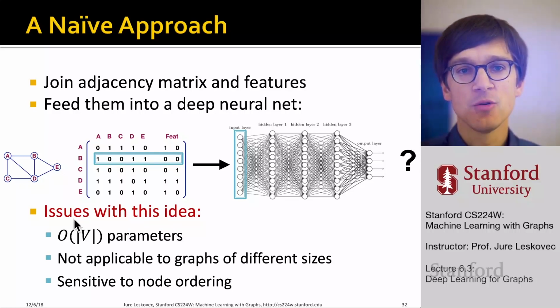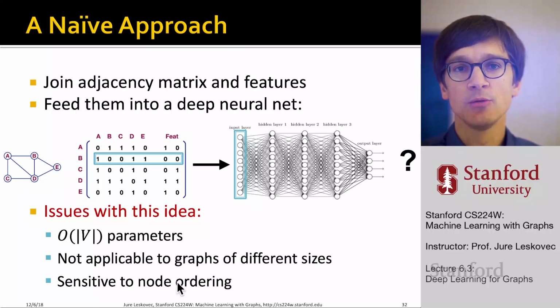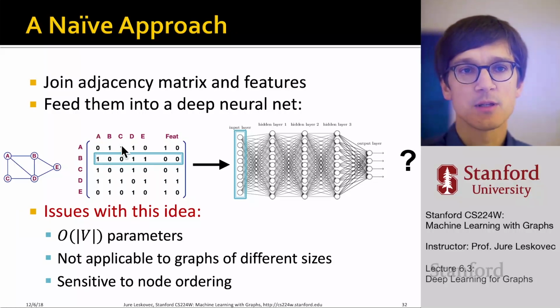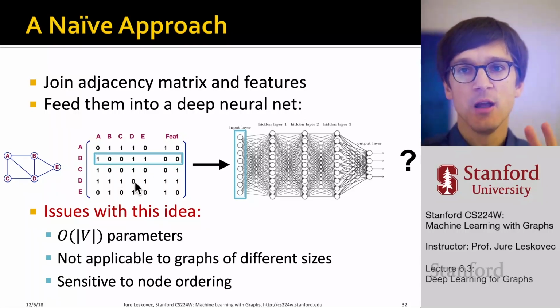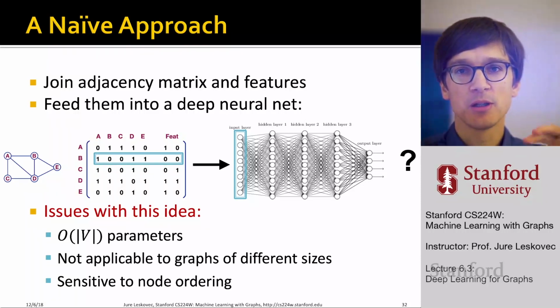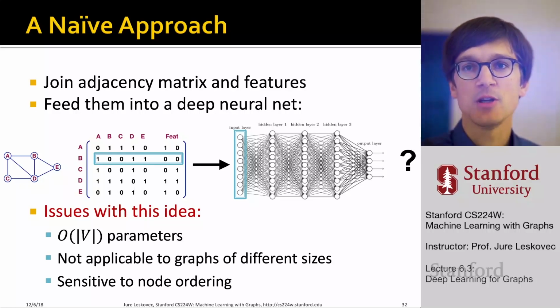Another issue is subtle but very important: this approach would be sensitive to node ordering. Right now I number nodes as A, B, C, D, and E in the following order, so my adjacency matrix was like this. But if I call node E, for example, A, and reorder the rest, then the shape of my adjacency matrix would change. The rows and columns of the matrix would be permuted, even though the information is still the same.